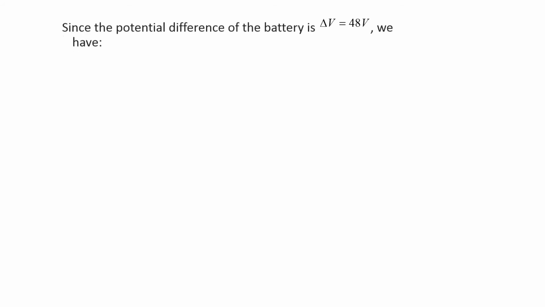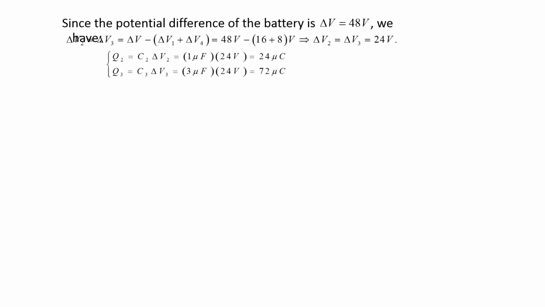It's the reason why the voltage across these two capacitors 2 and 3 is equal to 24 volts. And then since the charge is equal to the capacitance times the voltage, charge 2 equals capacitance 2 times voltage 2, which is equal to 1 microfarad times 24 volts equals 24 microcoulomb.